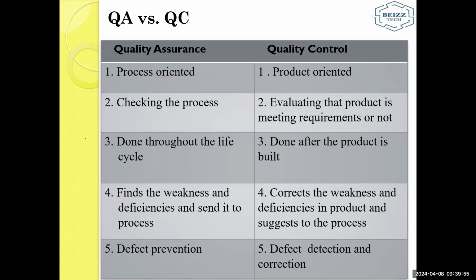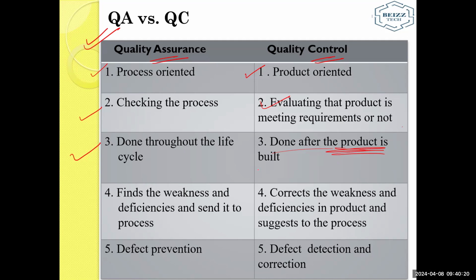So we have a very simple difference, very common interview question. What is the difference between quality assurance and quality control? Do remember quality assurance is always process oriented. Quality control is product oriented. It is checking the process throughout the life cycle. It is done throughout the life cycle. It evaluates the product whether it is meeting customer need or not. And it is done whenever product is built.